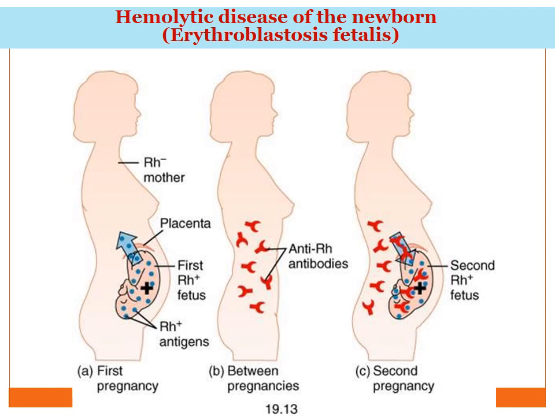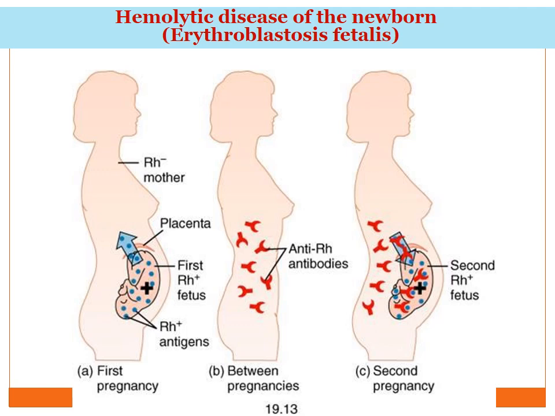The last thing we're going to look at is a condition called erythroblastosis fetalis, or hemolytic disease of the newborn. This can occur when the pregnant mother is determined as Rh negative blood type, and her first child is Rh positive.